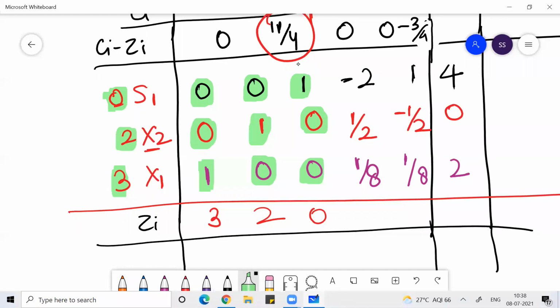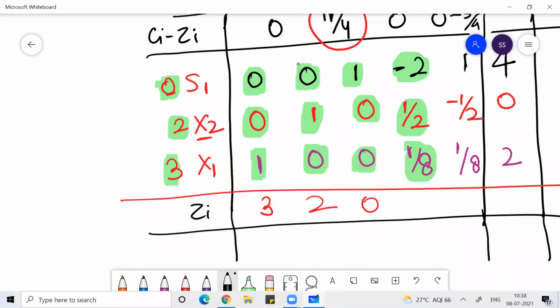Then the next one would be 0 into minus 2 plus 2 into 1 by 2, which means 1, plus 3 into 1 by 8. So 2 into 1 by 2 is 1 and 3 into 1 by 8 is 3 by 8.